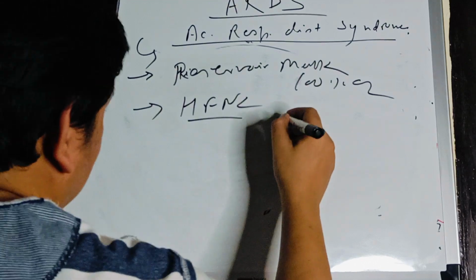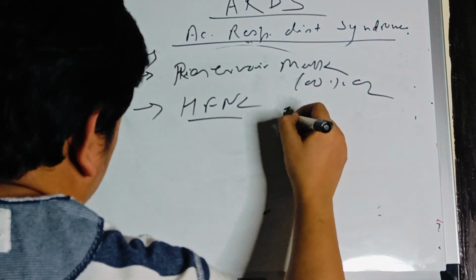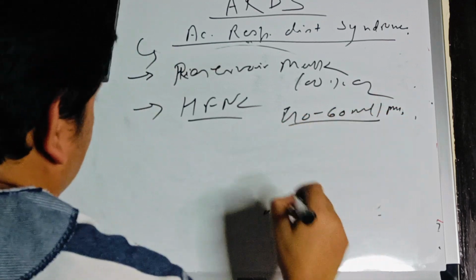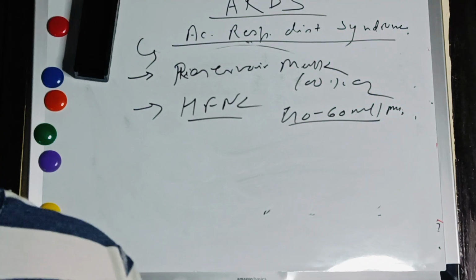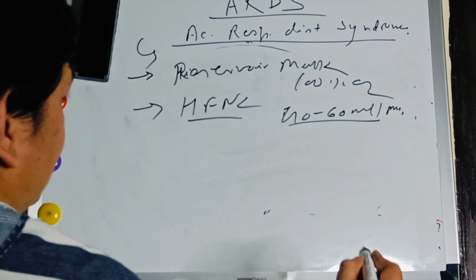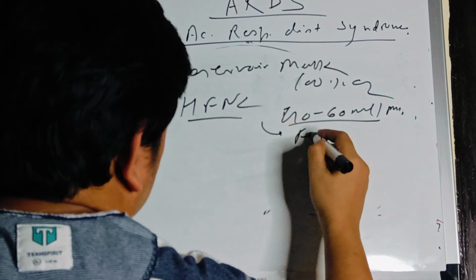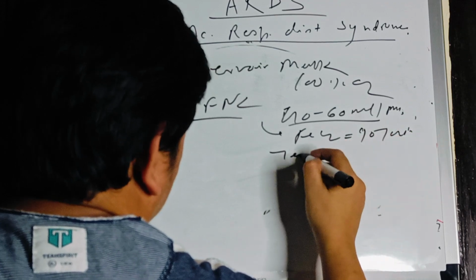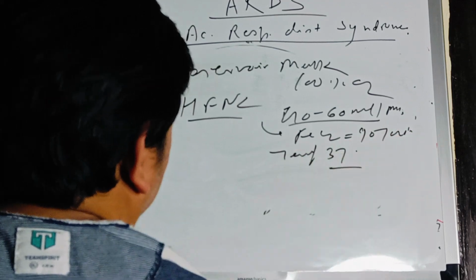High flow nasal cannula has a flow rate of 40 to 60 ml per kg, FiO2 is generally kept at 90 to 100%, and temperature is around 37 degrees.